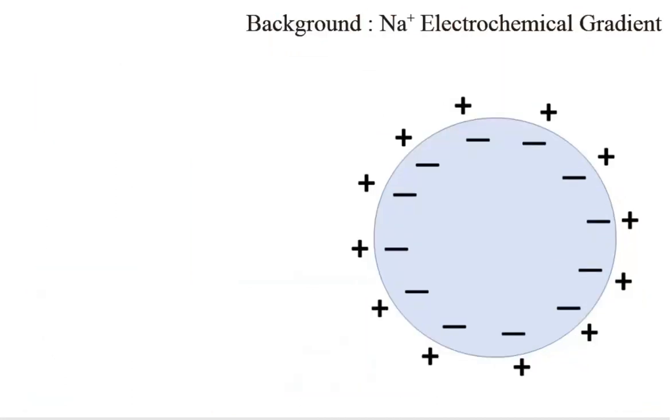Okay, now let's talk about sodium's electrochemical gradient. So stick with me. If you understand this background information, it's going to make understanding all the PhysioEx concepts that much easier. So here is a picture of our typical cell, again with more negative charges on the inside and more positive charges on the outside.